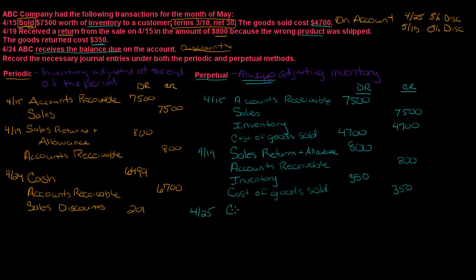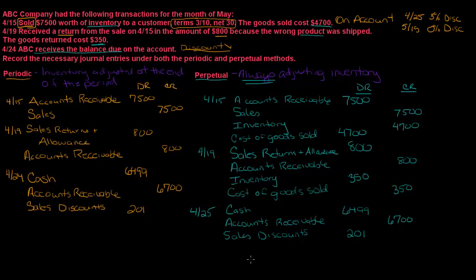So this entry is exactly the same as the entry we did for periodic: cash, accounts receivable, and sales discounts. Notice when there's no inventory moving, the entries are exactly the same. There's no difference. And the discount is still 201.